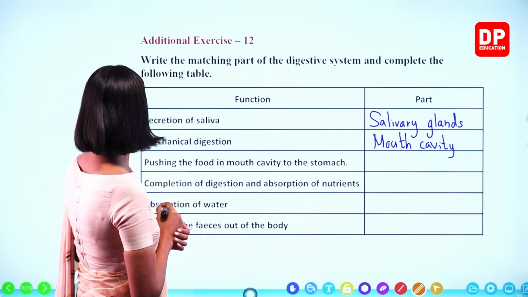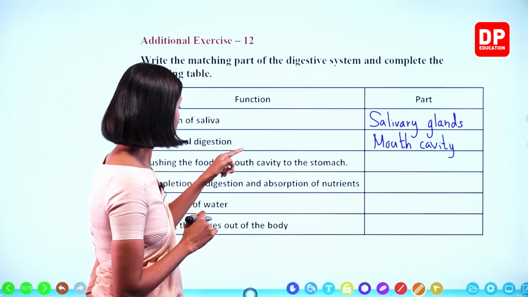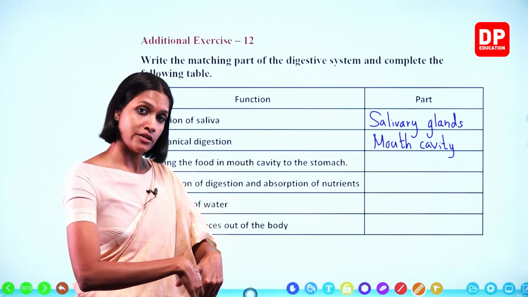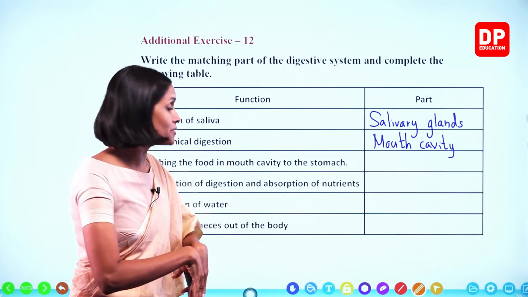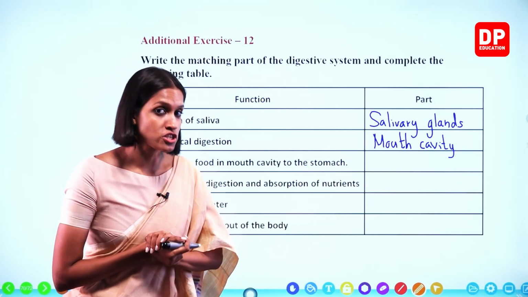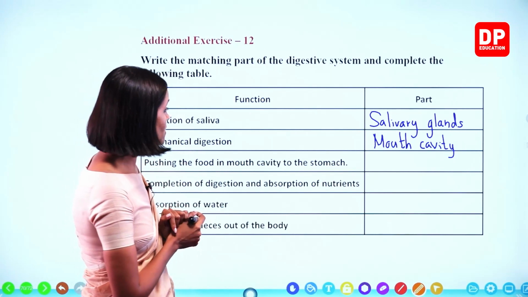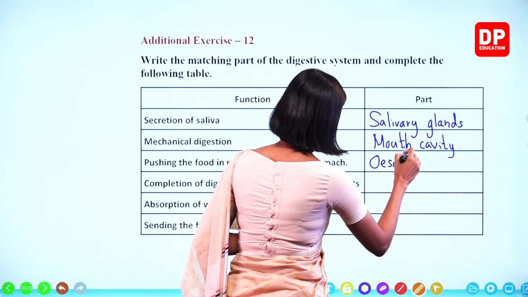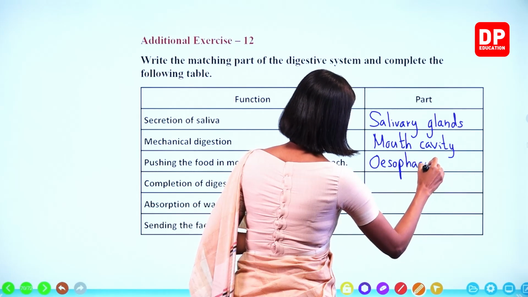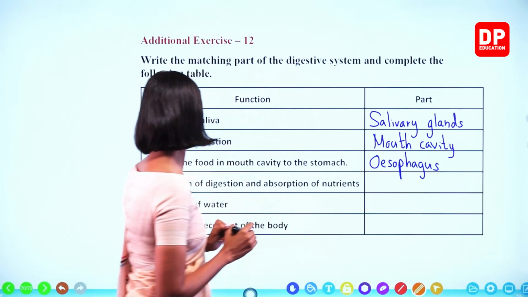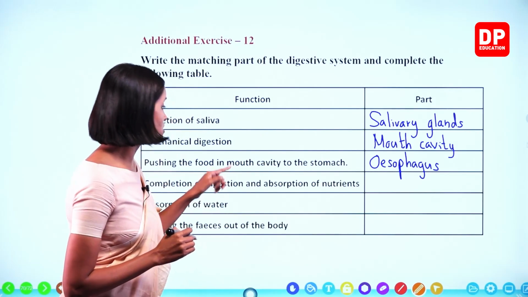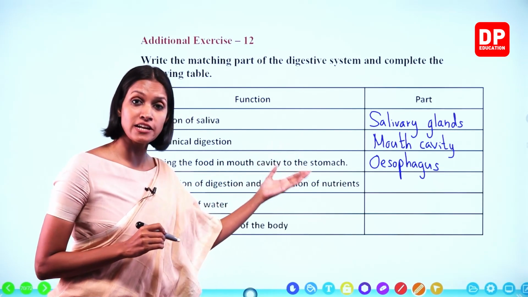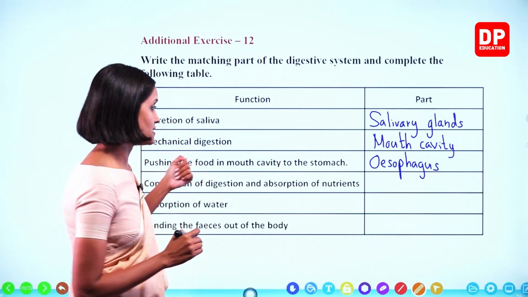Right, children? Pushing the food in mouth cavity to the stomach. Food is pushed towards the stomach by the tubular structure called the esophagus, right? Esophagus. Right. Completion of digestion and absorption of nutrients done in the small intestine.